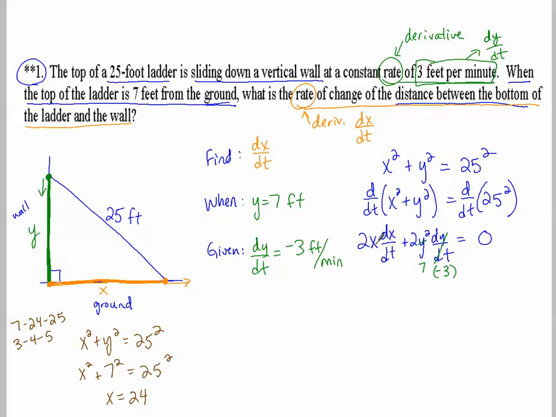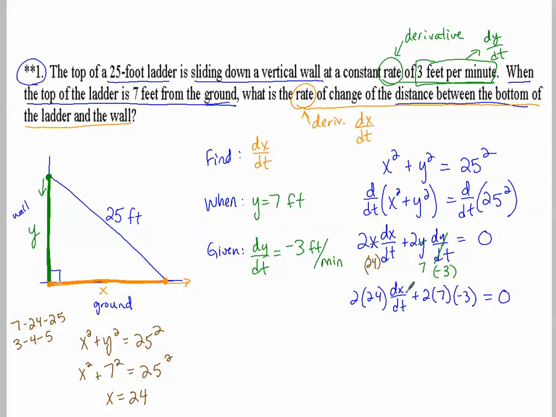So over here I'm going to plug in 24 for x. Let's rewrite it with our information plugged in. 2 times 24 times dx/dt plus 2 times, oh, I just noticed I left a squared there. Let's fix that. Let's get rid of that little squared. It's 2y, not 2y squared. Excuse me for that mistake. 7, back to plugging it in, negative 3 equals 0.